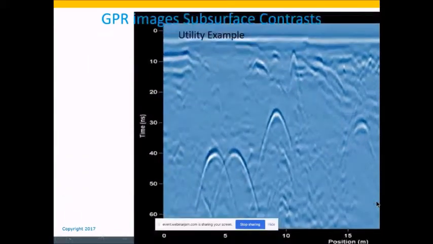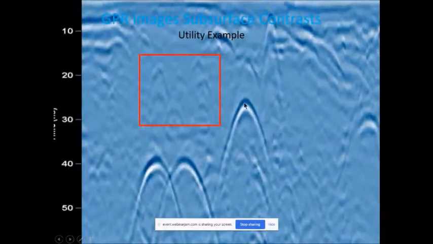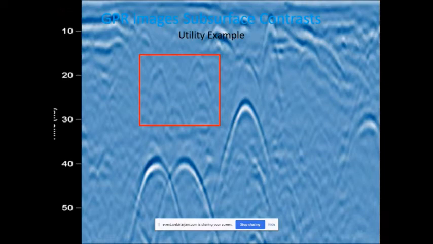When we zoom in to this area, we can see a number of weak hyperbolas. I want to emphasize that those are real objects in the subsurface. I've heard people say phantom hyperbolas. I don't know what those are, but I don't believe that phantom hyperbolas exist. A hyperbola, whether it's strong or weak, is a reflection from an object.